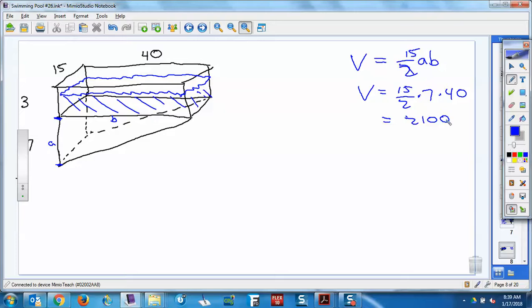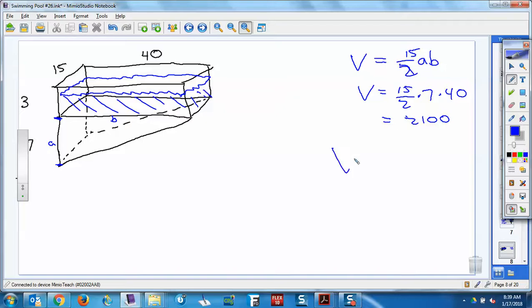Okay? So for part B, once we get up to the 3,000, it doesn't really matter at that point whether it's 3,000 or whatever. If it's over 2,100 cubic feet, then it's going to be rising at the same rate. So let's just do this. I'm not even going to care about the water once it's up here. It's like this water doesn't even exist. Doesn't matter. Okay. So I'm just going to look at the blue shape right there.